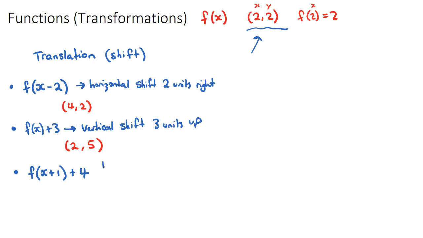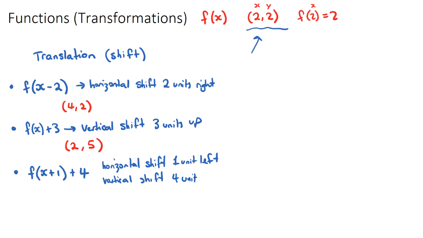It'll be a horizontal shift, and this will be 1 unit to the left. It's the opposite to what you think. So 1 unit left, or the negative x direction, and it will have a vertical shift. This will be 4 units up, because we've just added 4 to the y value.